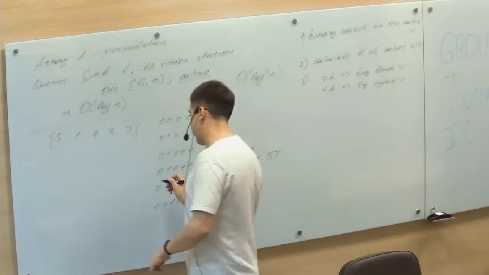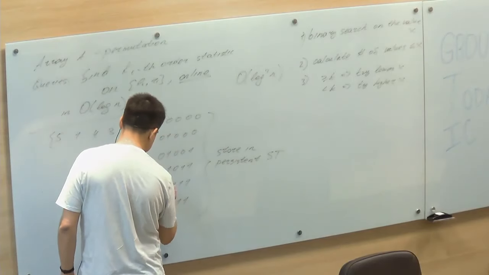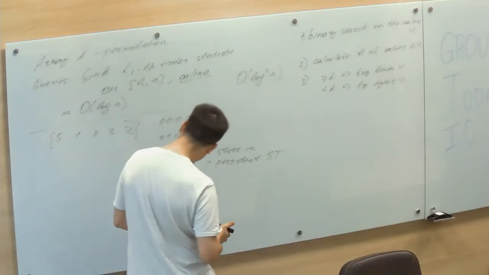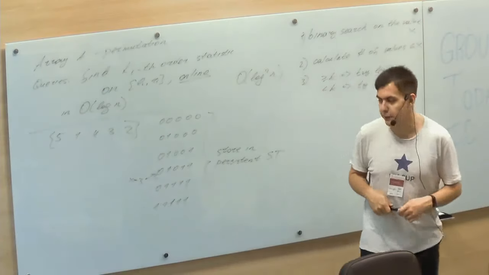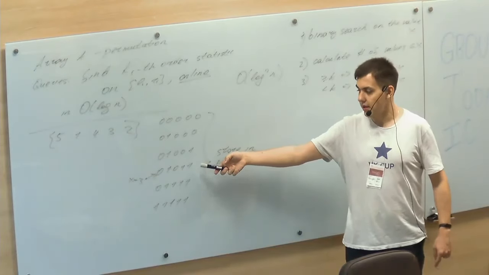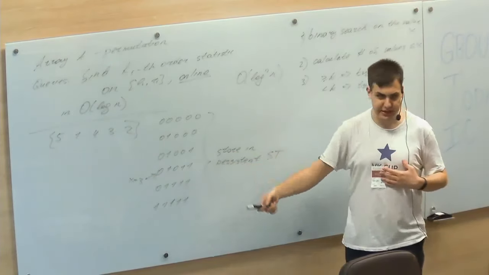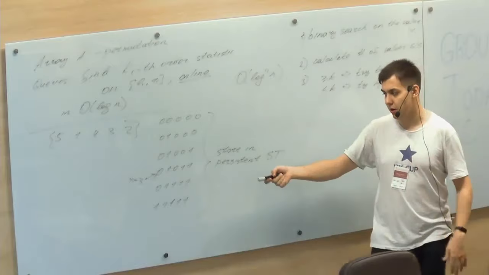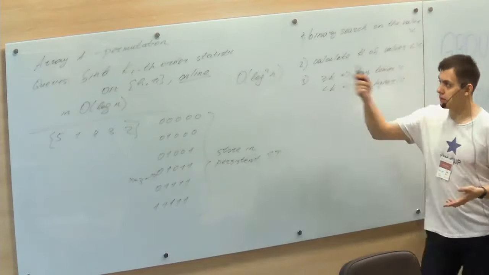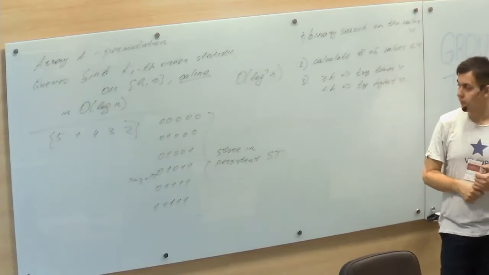For example, if x is 3, we use this version. And we calculate the number of values less than or equal to 3 on that subsegment, and it's just the sum on that subsegment. Right? So we can solve that problem in log squared.